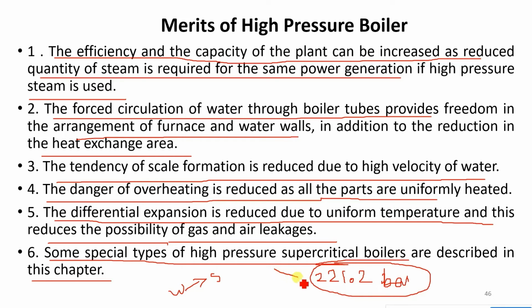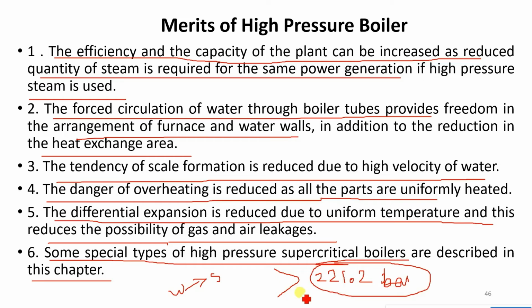If the working pressure is greater than 221.2 bar, then it's called a supercritical boiler. The advantage of such boilers is that we do not require any latent heat to be supplied, because at the time of boiling of water, latent heat is required to convert the liquid phase into the vapor phase.